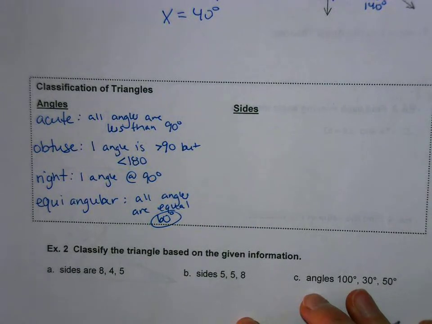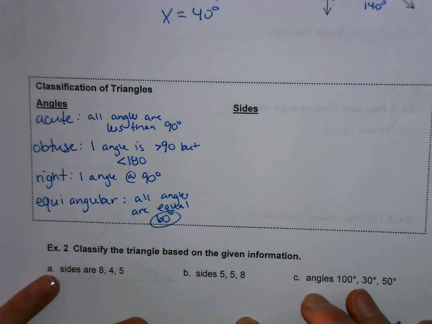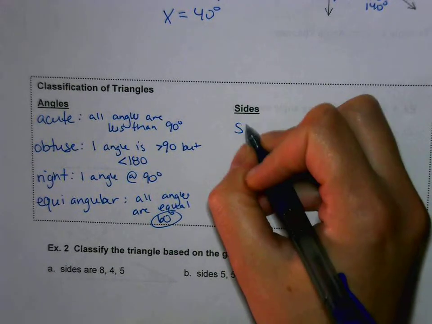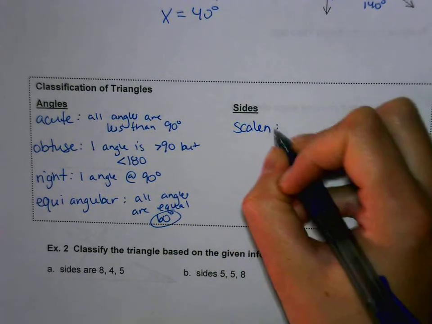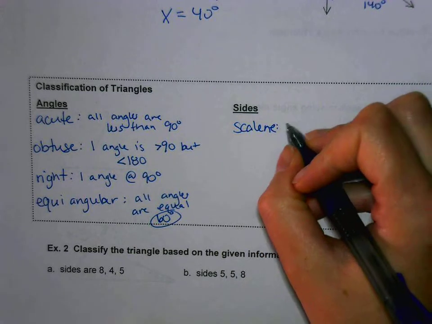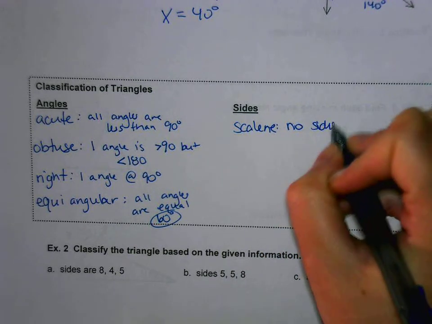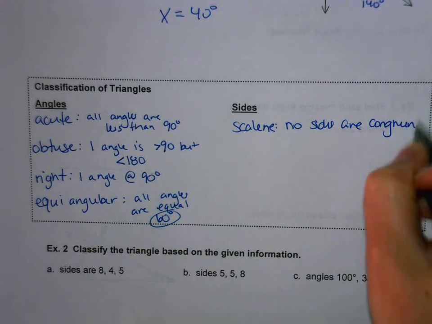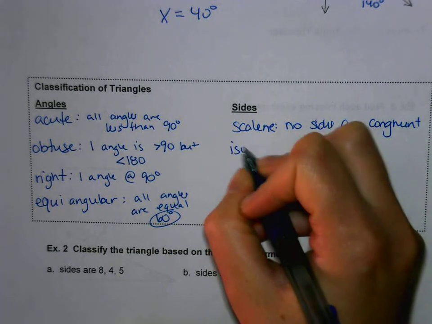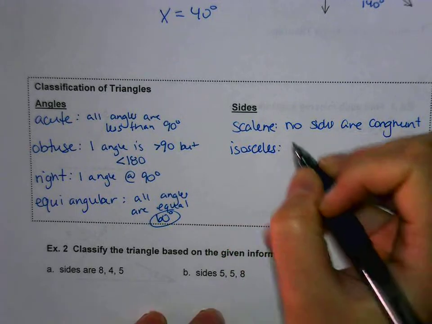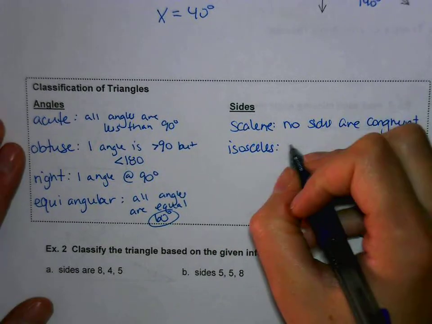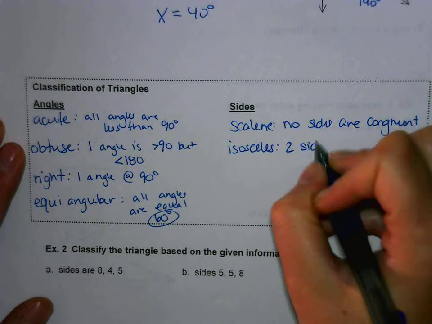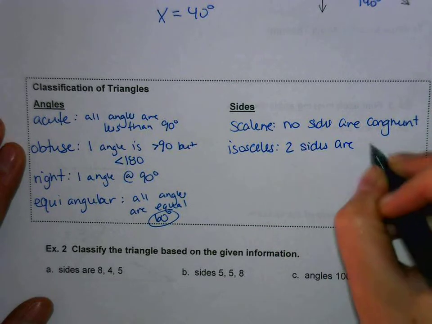So let's look at the way we can label them by their sides. We can have a scalene triangle. The scalene triangle means that no sides are congruent. We can have an isosceles triangle. Isosceles triangle means two sides are congruent.